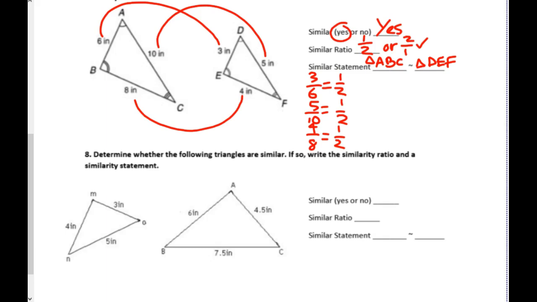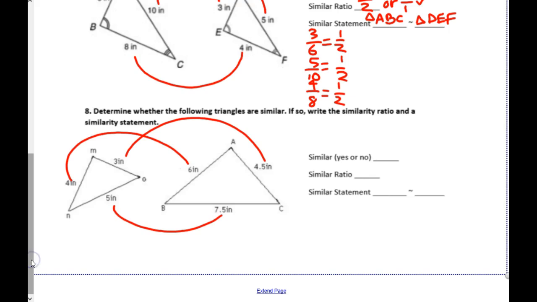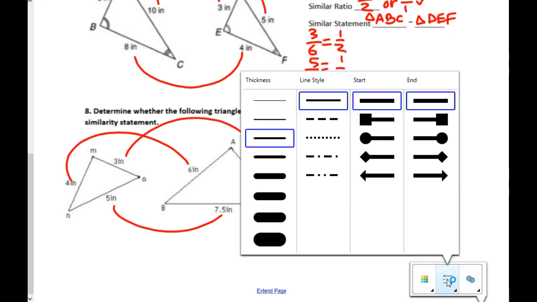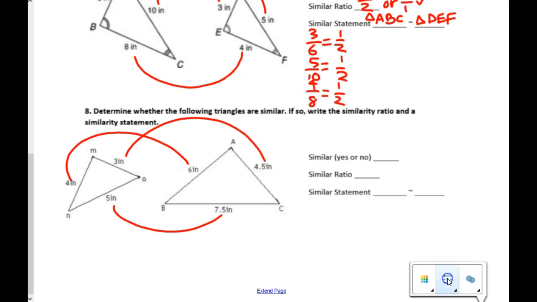Alright, determine whether the following are similar. Same idea. So 4 corresponds to 6, 3 corresponds to 4.5, 5 corresponds to 7.5. So let's do this. Okay, so again, we'll do right over the left. 4.5 over 3.